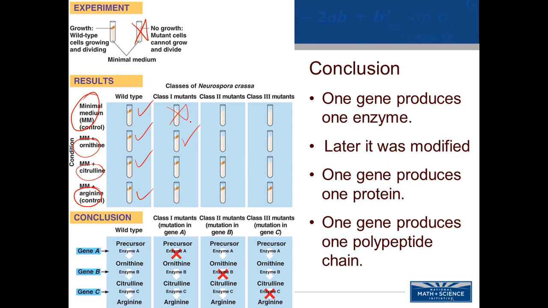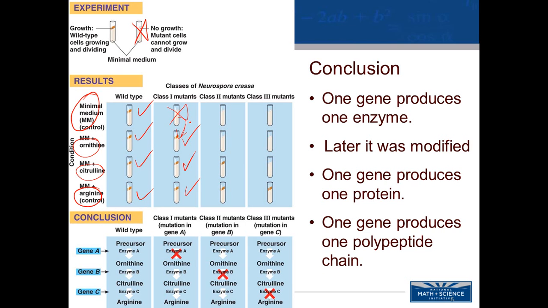And it grew. Well, then they gave it citrulline, and it grew. And they gave it arginine, and it grew. So something was happening in an enzyme to go from here to here that it would not produce ornithine.